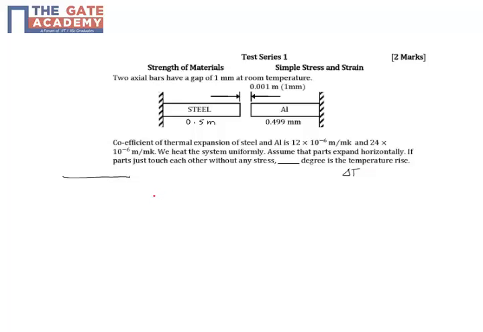If you assume the expansion for the steel is delta S plus the expansion for the aluminum is delta A, this is the total expansion, and this has to be less than or equal to this 1 mm. At the point when they touch, this is just equal, and that is the extreme point beyond which stress would start developing. I keep everything in meters, so 0.001 meters.